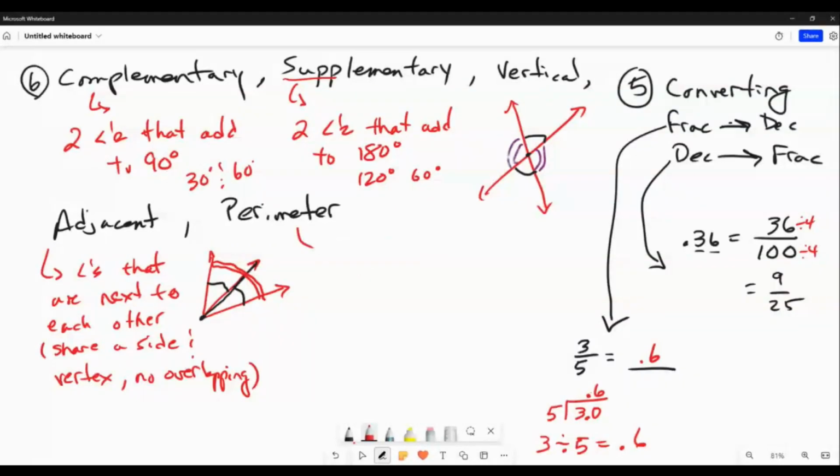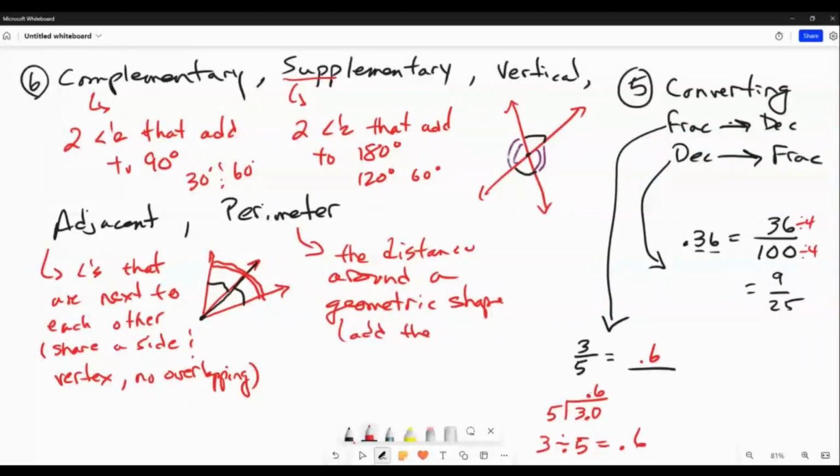Then we did perimeter, and perimeter is the distance around a geometric shape. In other words, add the sides.